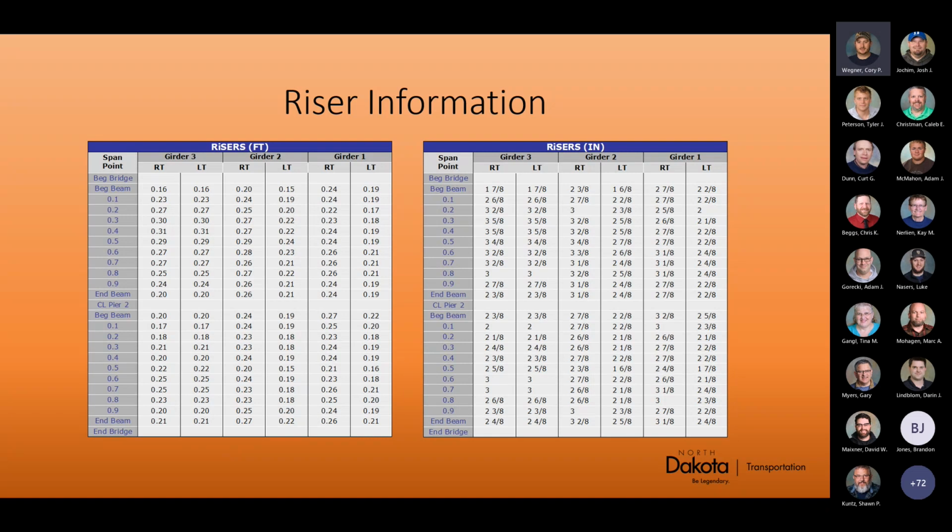So we had some risers that were a little taller than expected. That's an instance where you'd want to contact Bridge Division, the designer, and make sure they're okay with going a little taller. Most things they want to know if it's not to plan.